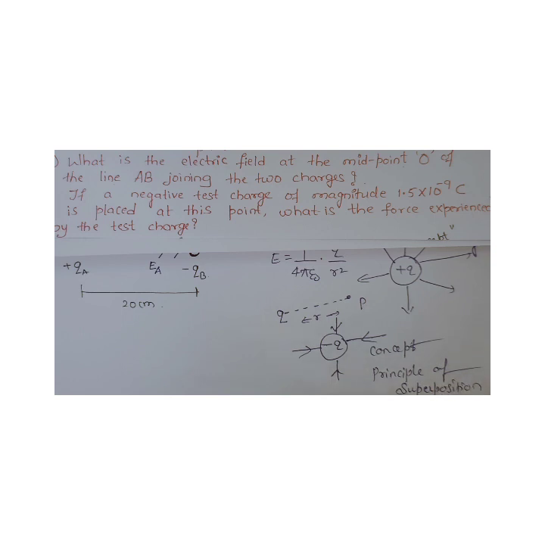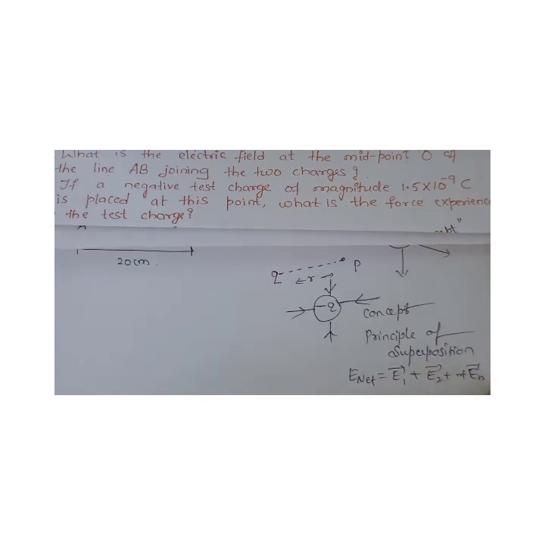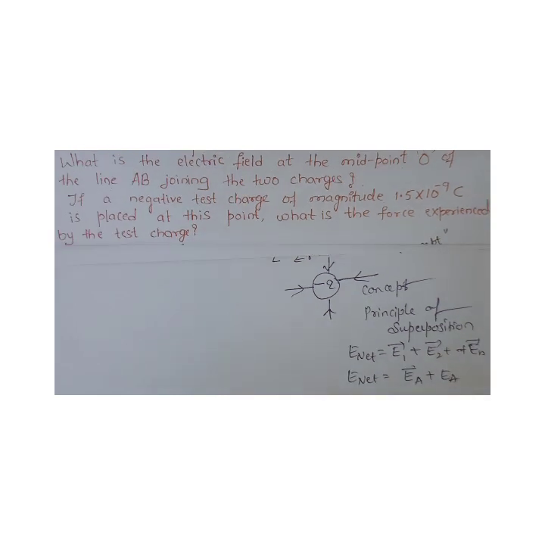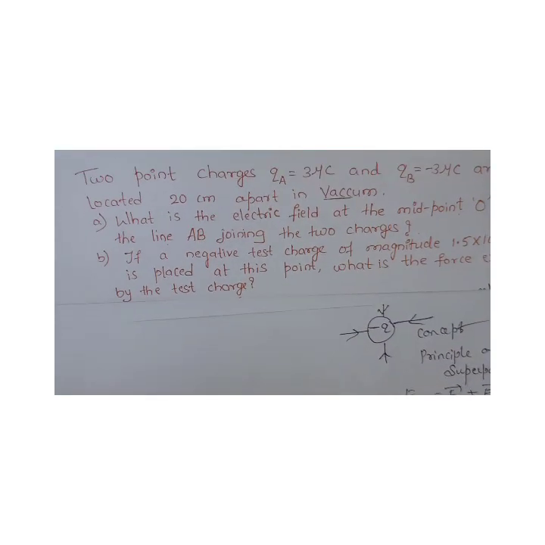It says that net electric field is equal to E1 vector plus E2 vector plus so on up till En vector. This is the formula. So E net at point O, how are you finding? Vector EA plus EB you are going to do. Clear? I hope you understood what concept is used over here, right?